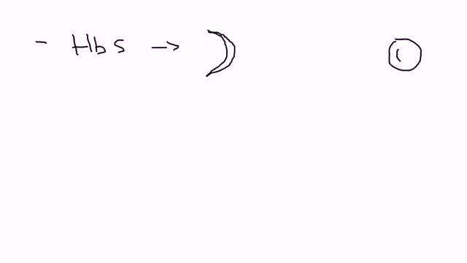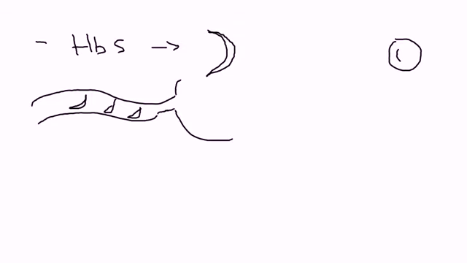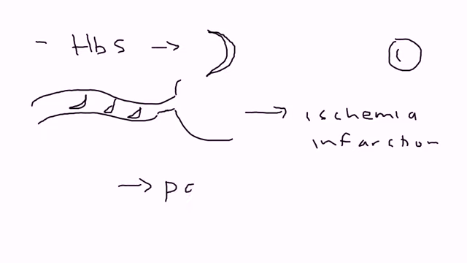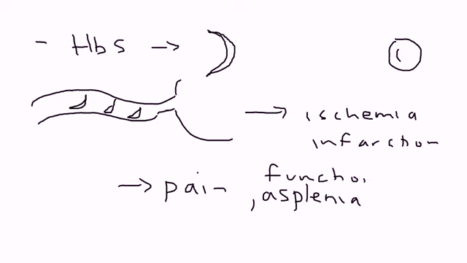These sickle-shaped red blood cells can't travel through the blood vessels to the organs properly, and that leads to ischemia and infarction of the tissue of those organs, and that can lead to pain, functional asplenia, and infection.